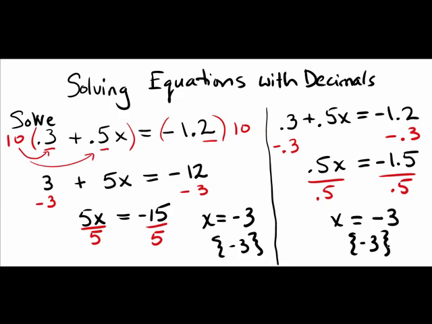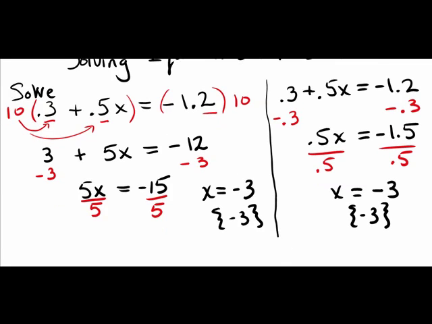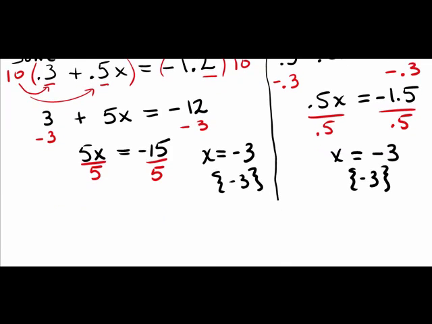Now there's one more thing that I need to mention. Not all equations with decimals have the same number of decimal places, so we will need to compensate. So let's look at two examples real quick, and how they would be different from the one we just saw.